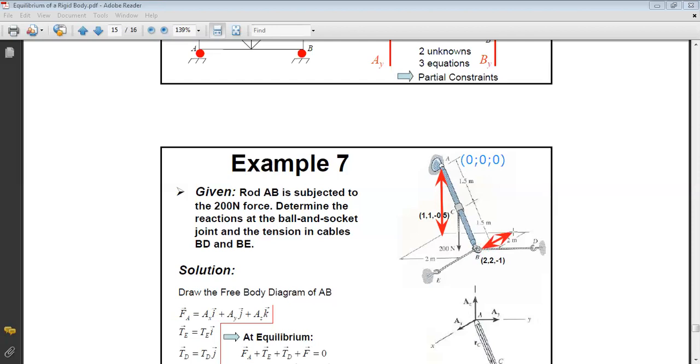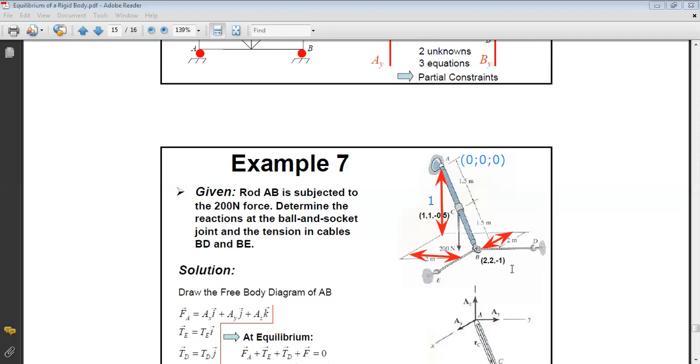Look, for B the coordinates are clear. You have 2 along Y, sorry, this is along X, so you have 2 along X and 2 along Y. If they give us that the distance here is 1, and we take A as the origin, B is below A by a distance of 1.